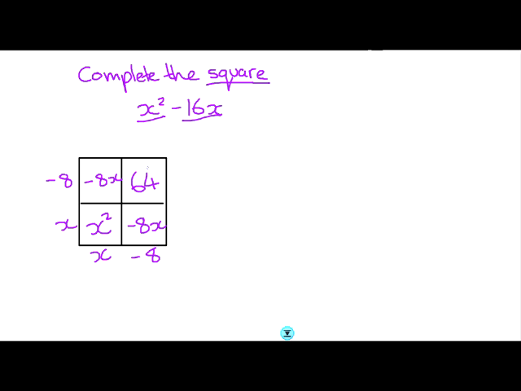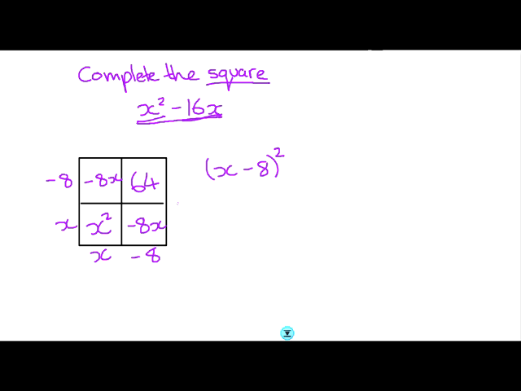But here's where the first problem comes. That everything inside this square is no longer what we started with up here. We have this extra 64, so we need to take it away. Now, one way we can write this total area inside is the length of the square multiplied by itself, or squared, because that's how you find the area of a square.